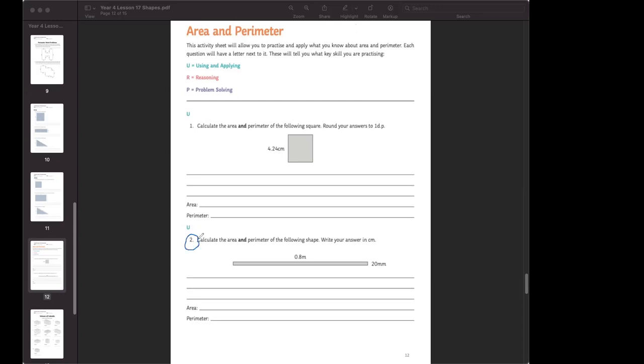Okay, number 2. Number 2, it's a play with your measurements. Look, they give you here or ask you to answer in centimeter, but over here the question is in meter, the length, and this one is in millimeter. So your job is to first change this to how many centimeter.